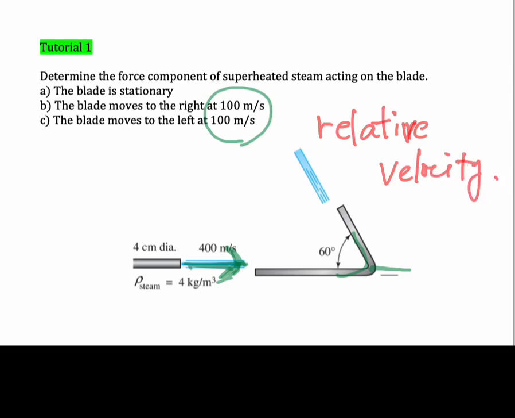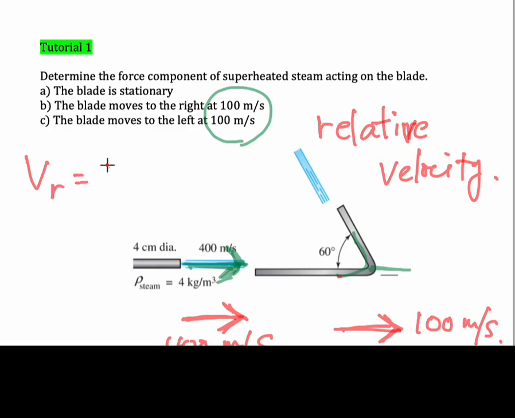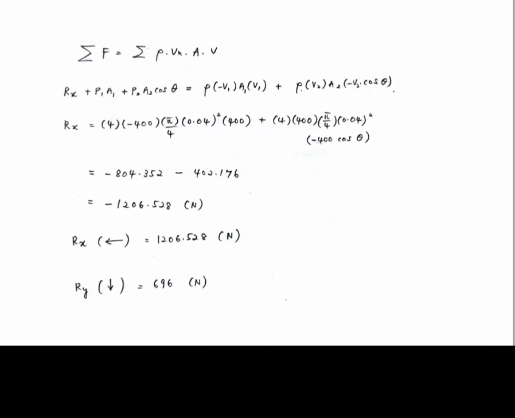If we have a velocity of 400 meter per second here, and this blade is moving to the right at 100 meter per second, because it is moving in the same direction, the relative velocity is 300 meter per second. So you just use the same equation as I showed you previously.